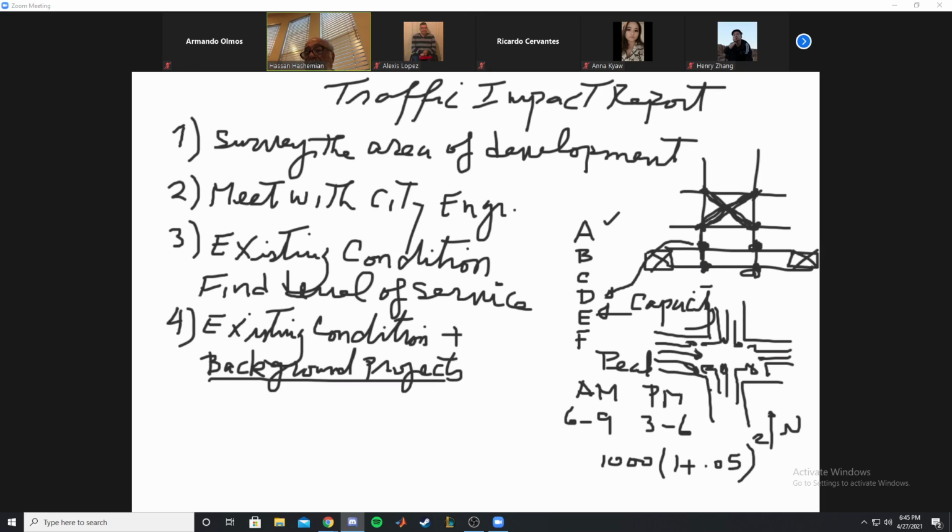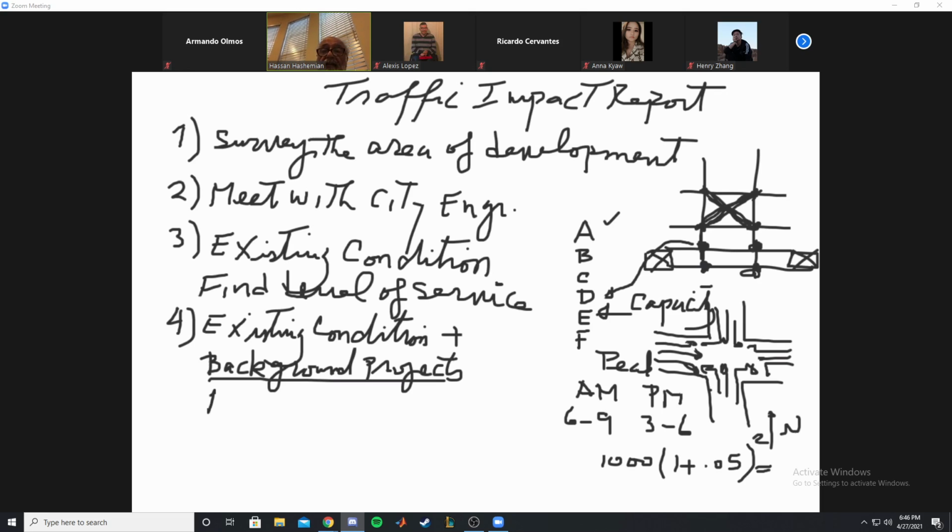So we have to figure out how much that volume is, because usually the traffic grows whether there is development or there is no development. So whether the traffic grows or some other development happens in the surrounding area, we have to find the volume of the traffic on each of those intersections at that time and find level of service again.